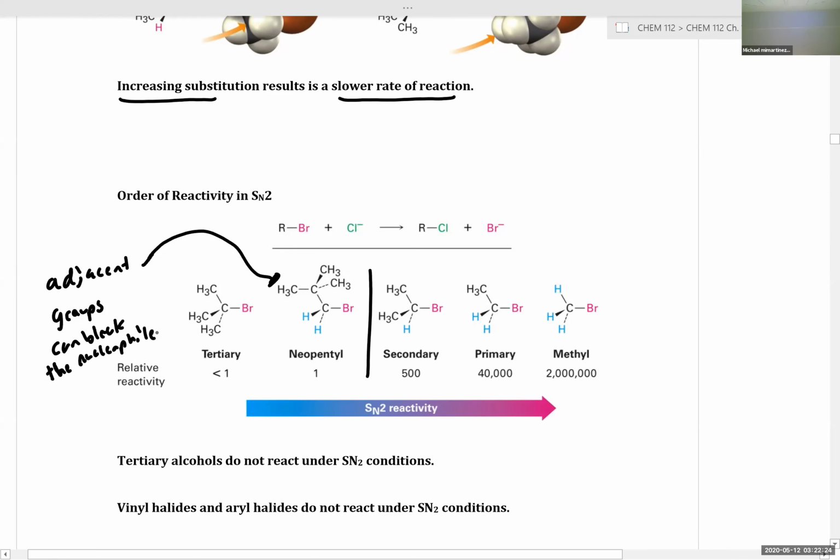In this neopentyl group, you have this giant bulky substituent that in turn impedes the SN2 reaction and the attack onto our electrophilic carbon. So the SN2 reaction is very sensitive to the steric environment, to all the substituents surrounding your alkyl halide.